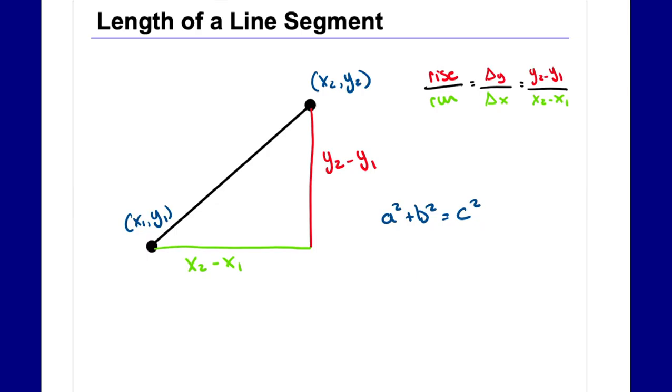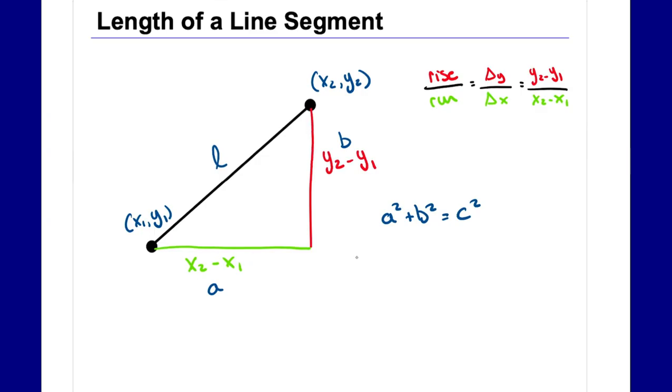C squared is representing the length, and a and b are going to be our two sides. I'll call x a because x does come first, y will be b. Either way, it doesn't really matter. But I can replace a and b with these expressions.